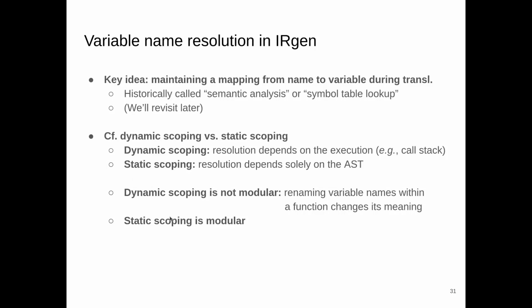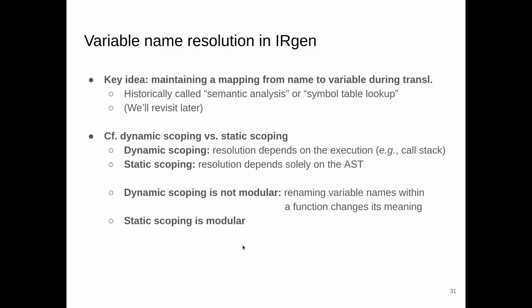On the other hand, in C and C++, we are using static scoping. So if you consistently rename a variable within a module, or within a function, or within a class or struct, then its effect is limited to the module, and it doesn't affect the semantics of the other modules. So it is much more modular.